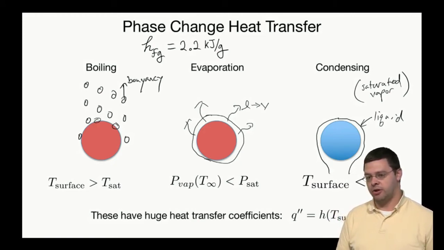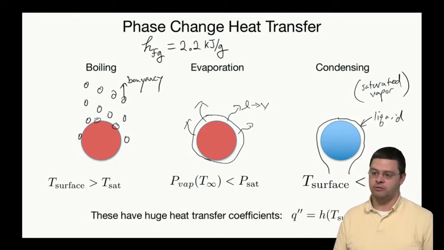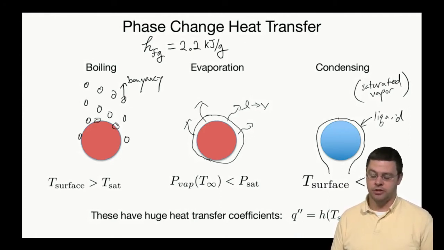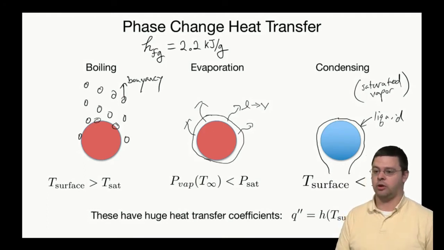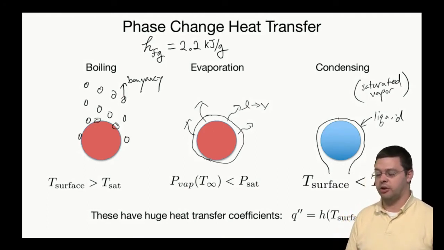Basically, evaporation occurs if the surrounding vapor is not at a saturation pressure, meaning that it's not at equilibrium with the actual liquid that's on the surface you're trying to transfer heat from.